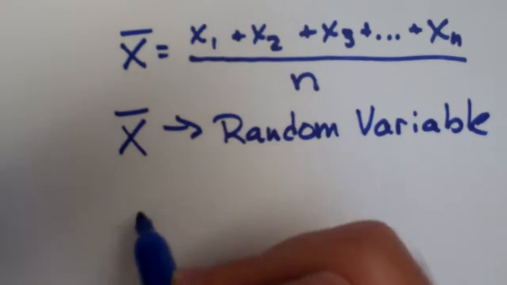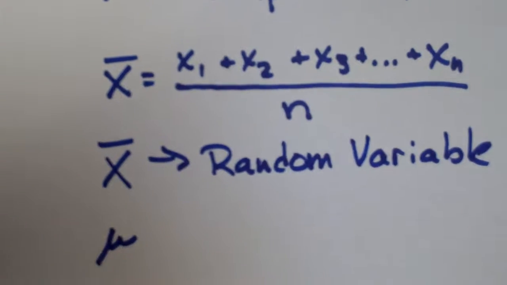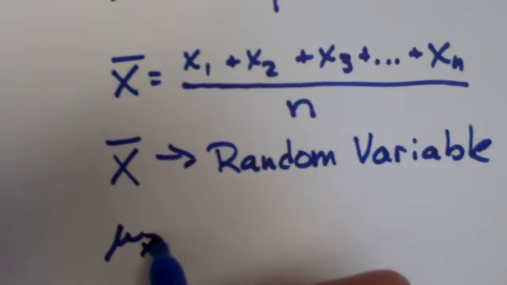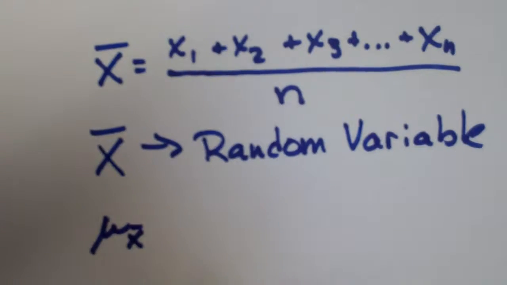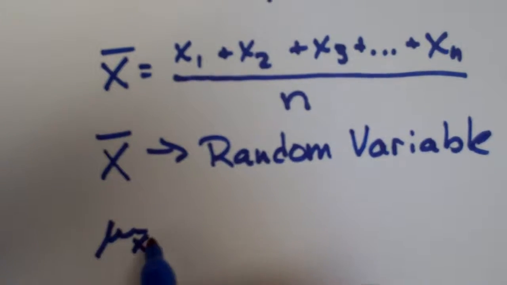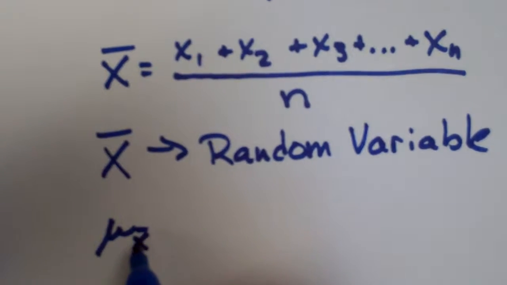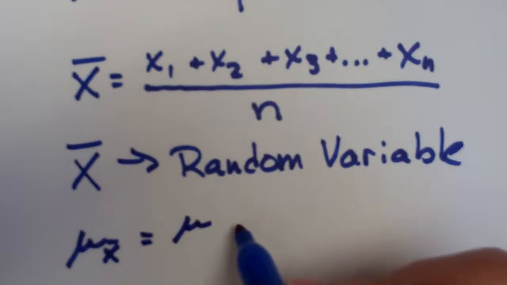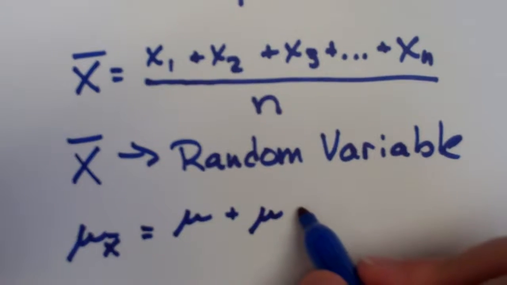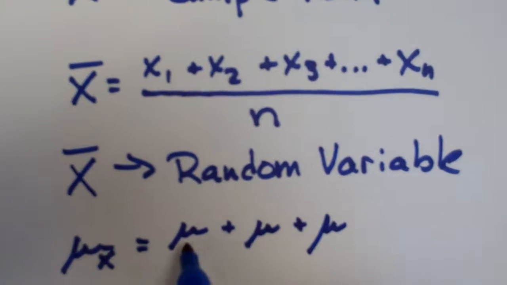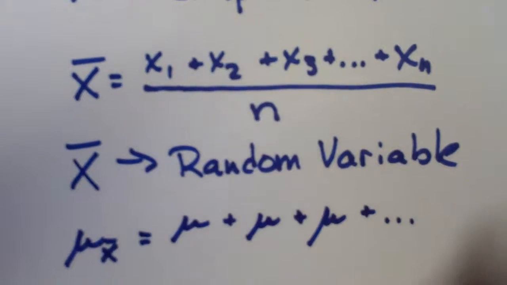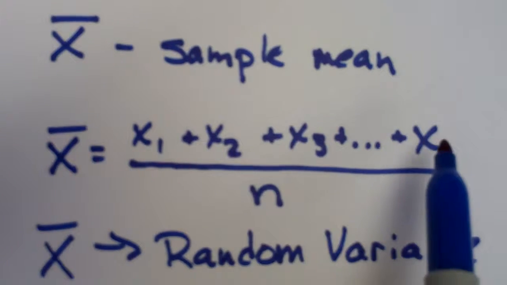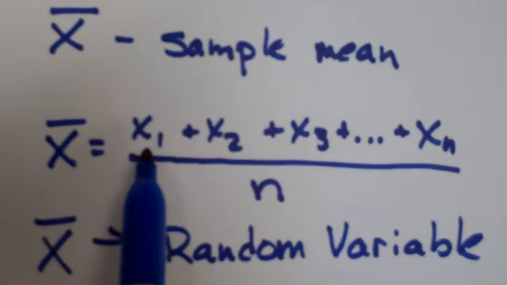Now, X bar, just like some random variable X, has a mean and has a variance. The mean of X bar, the expected value that I would look for in a sample mean, is equal to the mean of each of the individual samples. I have n samples, each coming from a population with mean mu.